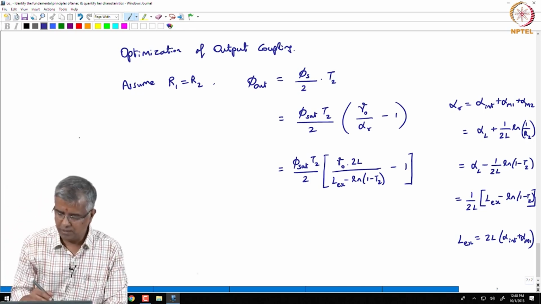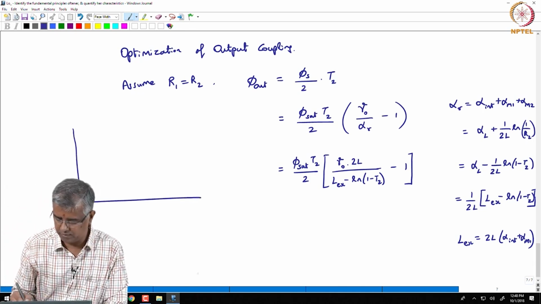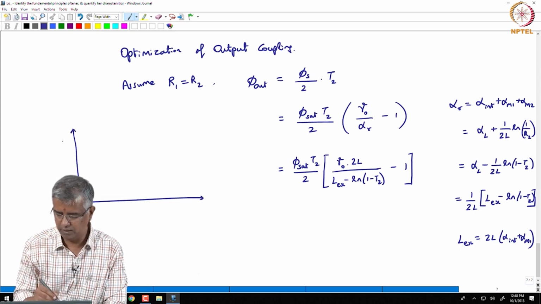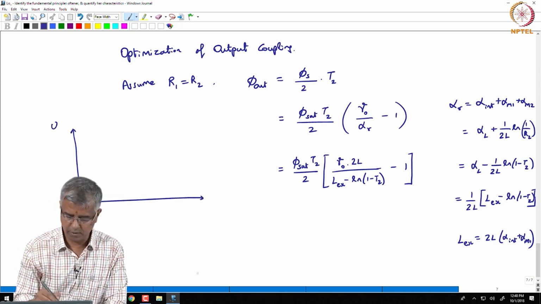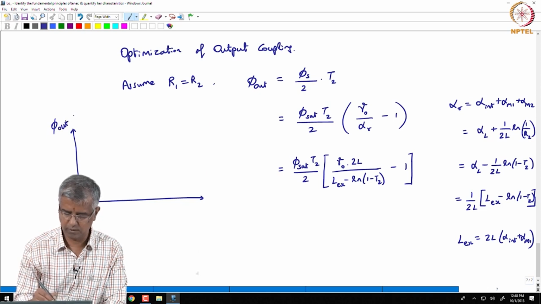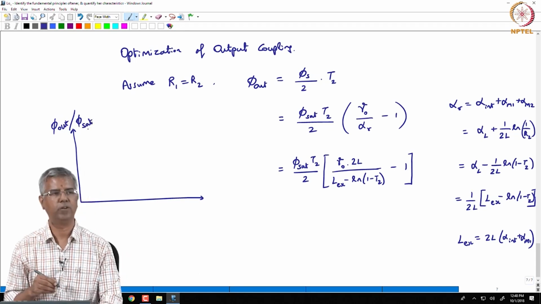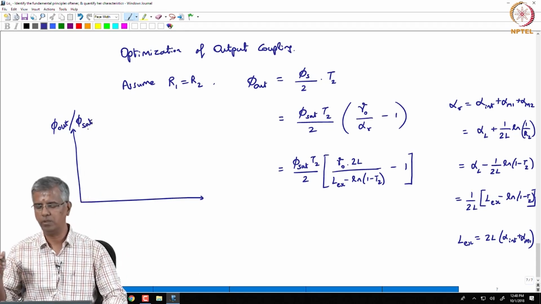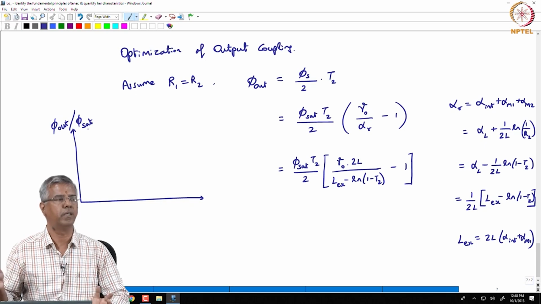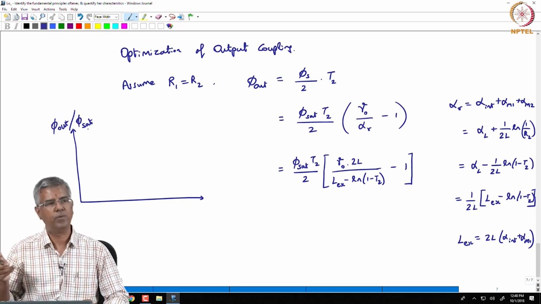So, if I were to plot this function in general, let me just say the output flux, normalize it with respect to the saturation flux, because the saturation flux we know is a constant for a given gain medium. What does the saturation flux depend on?